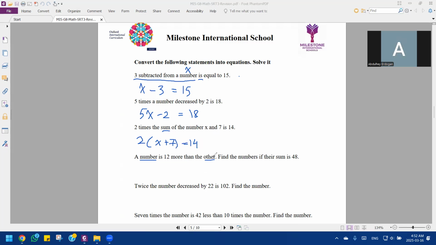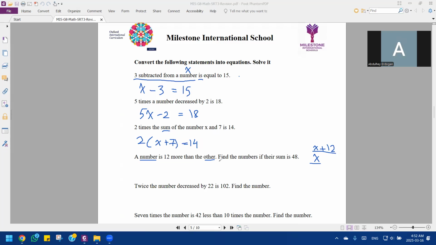So I have two numbers. One is less, one is more. So the other is, I will call it x. This is the other. Now the first one, a number is 12 more than the other. How do I do 12 more than this? So it's x plus 12. This is the other, and this is the number that is more than him by 12.